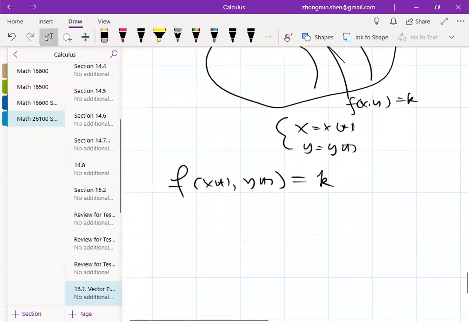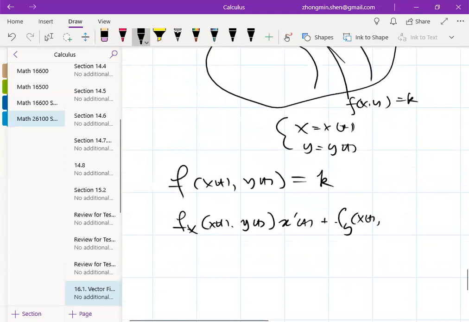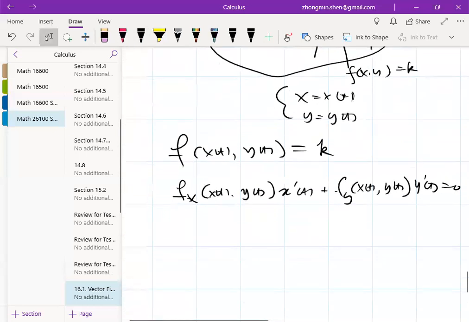If it's always constant, then you differentiate with respect to t. When you differentiate with respect to t, you get 0. So this is really the gradient of f and the inner product.